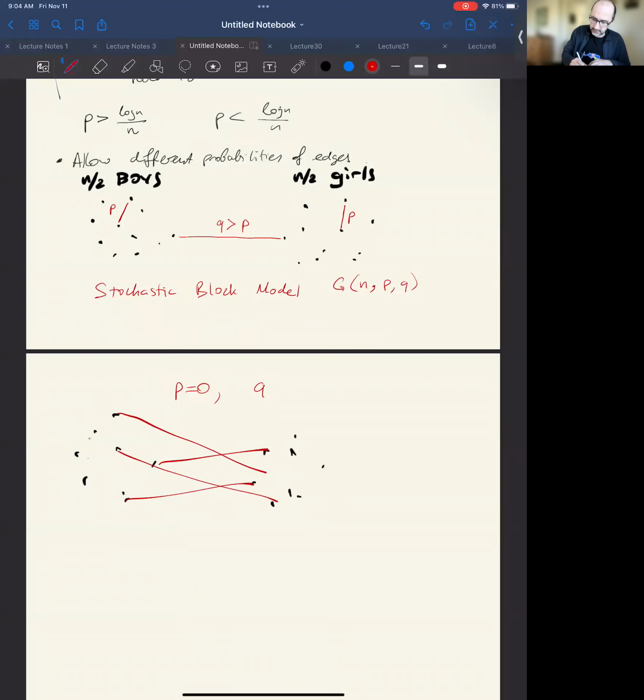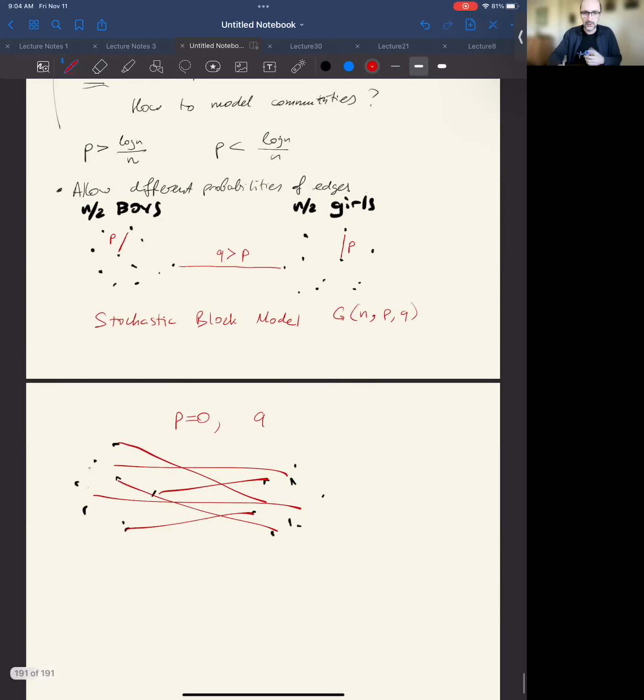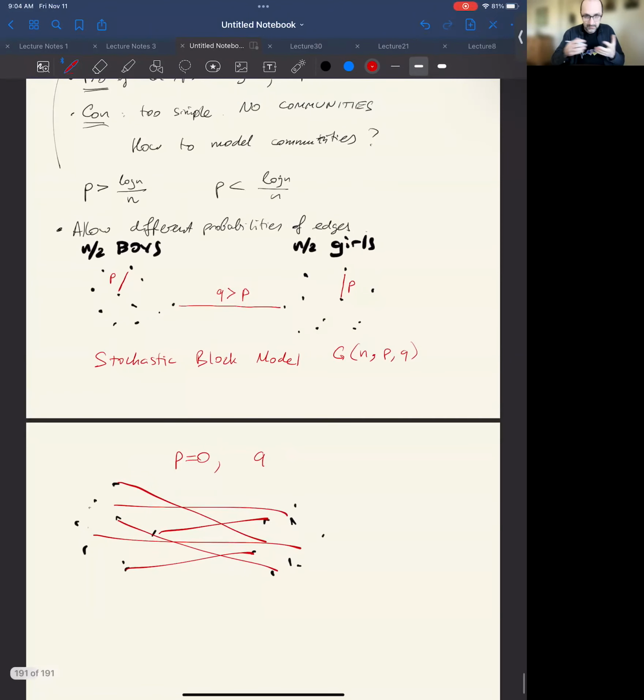All of the graph will be like that. So this will be a mathematical model of a bipartite graph. But if you allow P not to be 0, but maybe small, with Q greater than P, then we will see some edges form here, but most of them will be across.